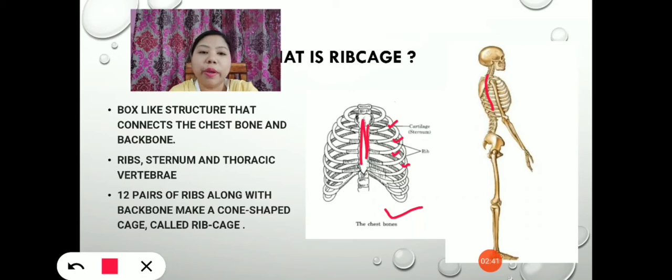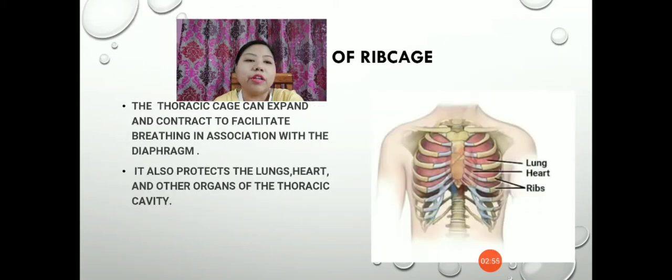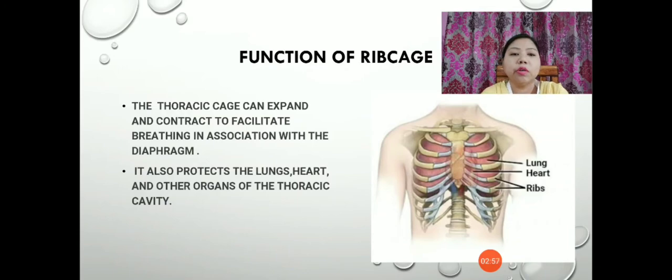There are 12 pairs of ribs which, along with the backbone, make a cone-shaped cage, and since it is a cage-like structure we call it the rib cage. Now what is the function of the rib cage? The thoracic cage can expand and contract to facilitate breathing in association with the diaphragm.